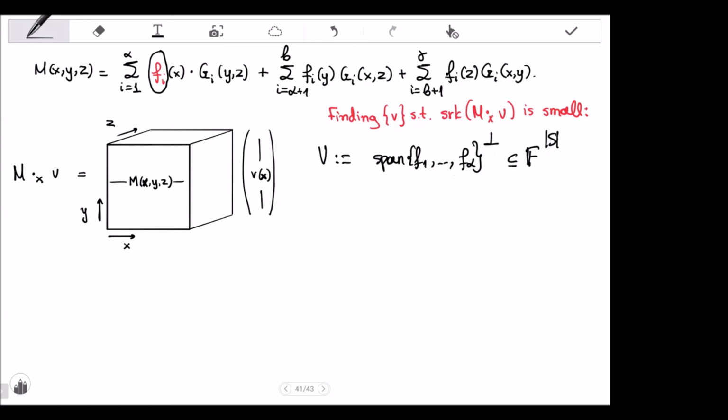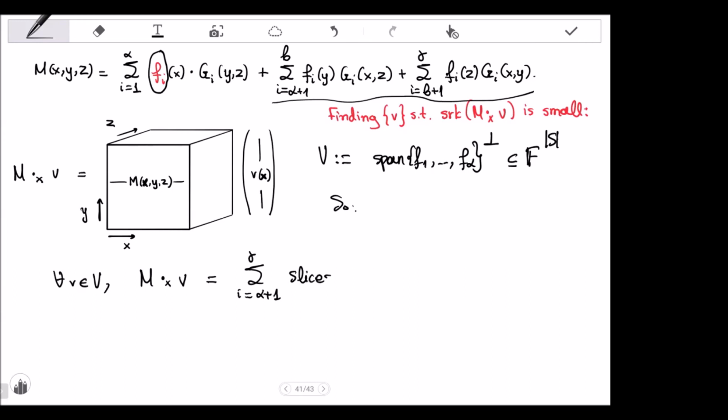So I have that for every V in this orthogonal complement, when I apply the 3-dimensional matrix to this V, this will be killed off. And this will be turned into slices, but just 2-dimensional ones. So this will be the sum of i from alpha plus 1 up to gamma of some different slices that are 2 tensors now.